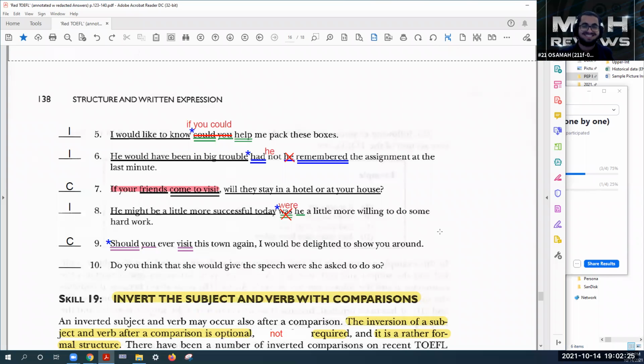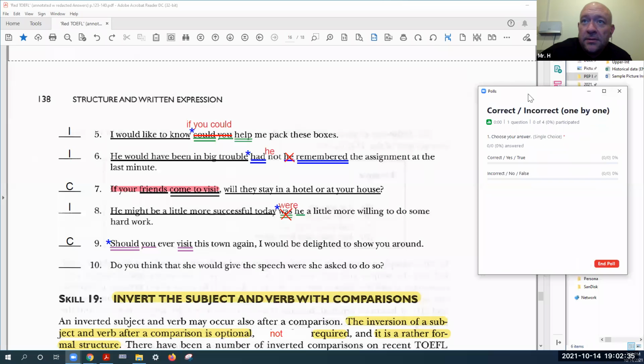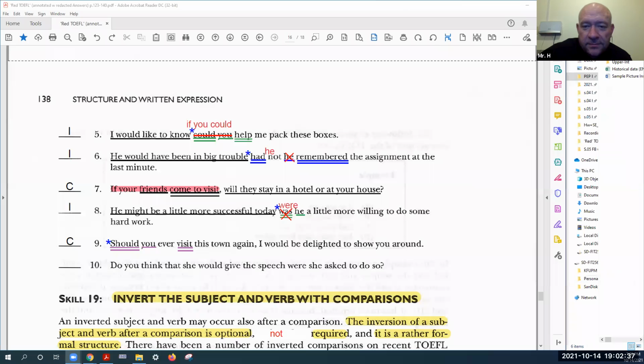Yes, gentlemen. Okay. Last one, guys. We'll see if you get this one. Here we go. Boom. See if we get 100% on this.